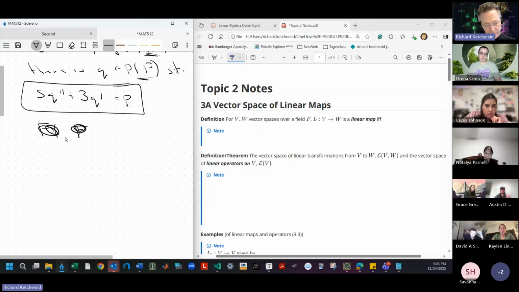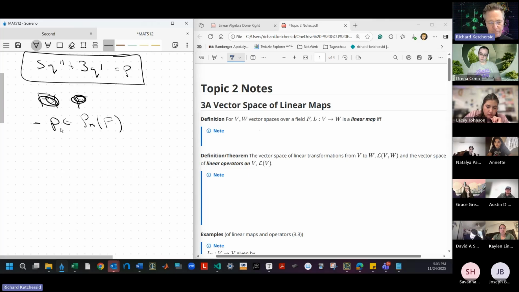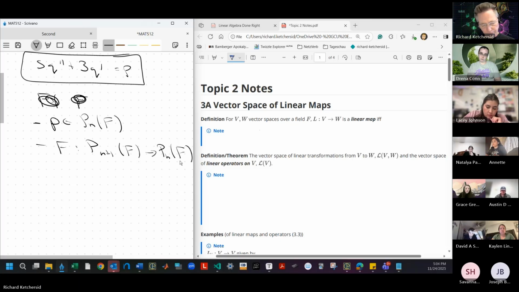Okay, sorry. Suppose p is an nth degree polynomial, right? And so those derivatives, if I'm going to get something of degree n, need to come out from n plus 1 degree polynomials, right? So I want to consider this function f going from P_{n+1}(F), F is just the reals or complex, right? To P_n(F), like that.